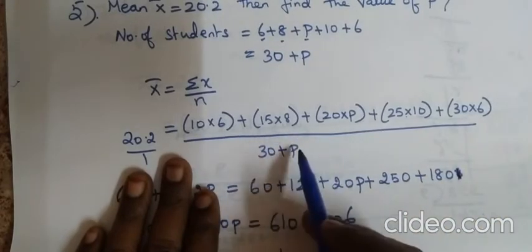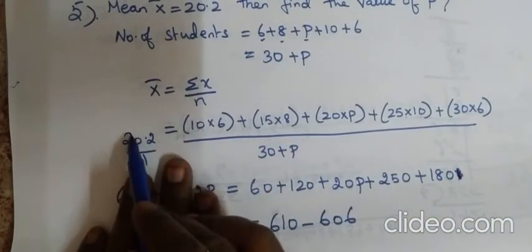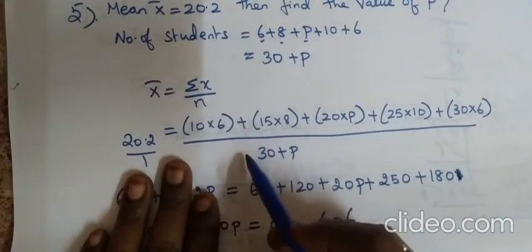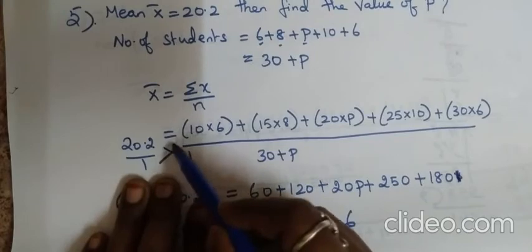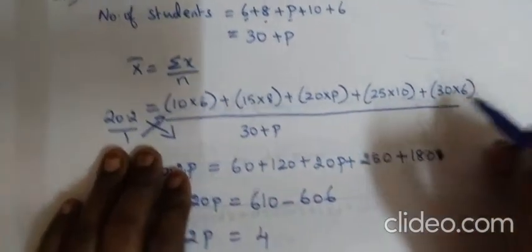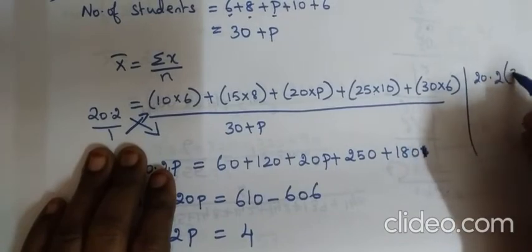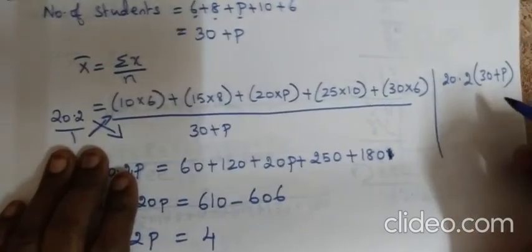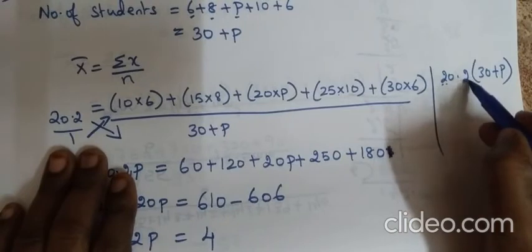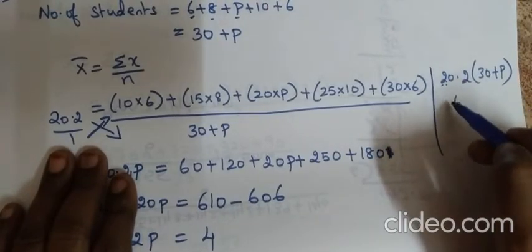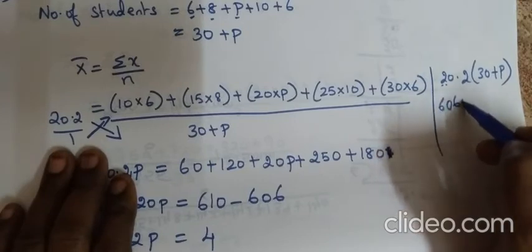So this 30 plus p we are going to cross multiply. Here the denominator 1 into this, the same thing will come. So here we are going to do cross multiplication: 20.2 into 30 plus p. So 20.2 into 30 is what? 3 tables alone. 3 twos are 6, 3 zeros are 0, 3 twos are 6.